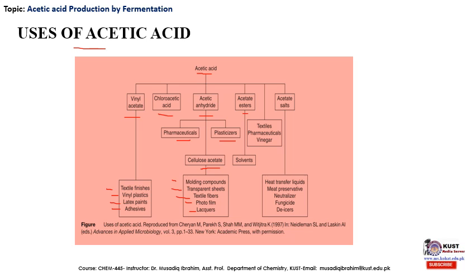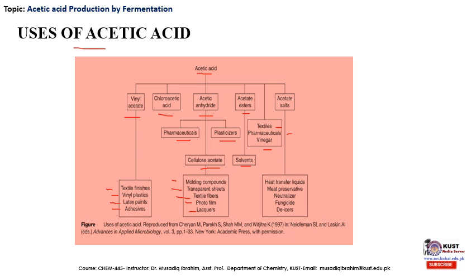The acetate esters are also one of the derived forms of acetic acid, which are used as solvents. And directly, acetic acid is used in textiles, pharmaceuticals, and mainly for the preparation of synthetic vinegar.